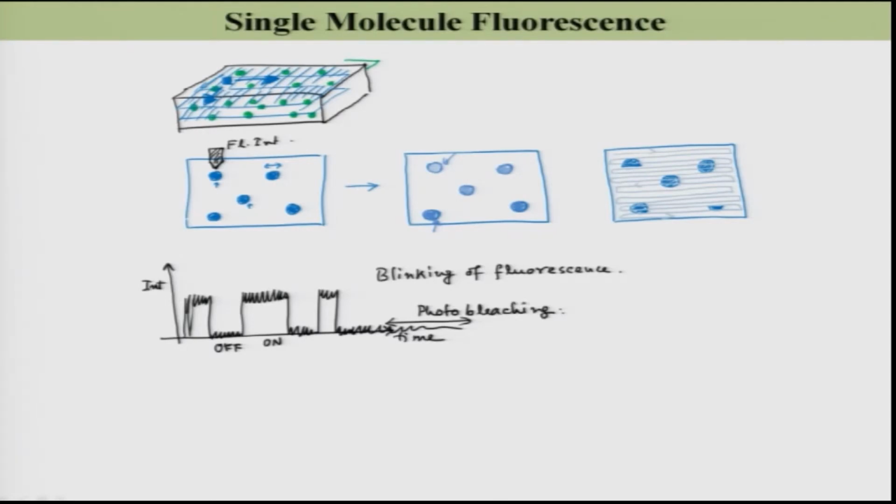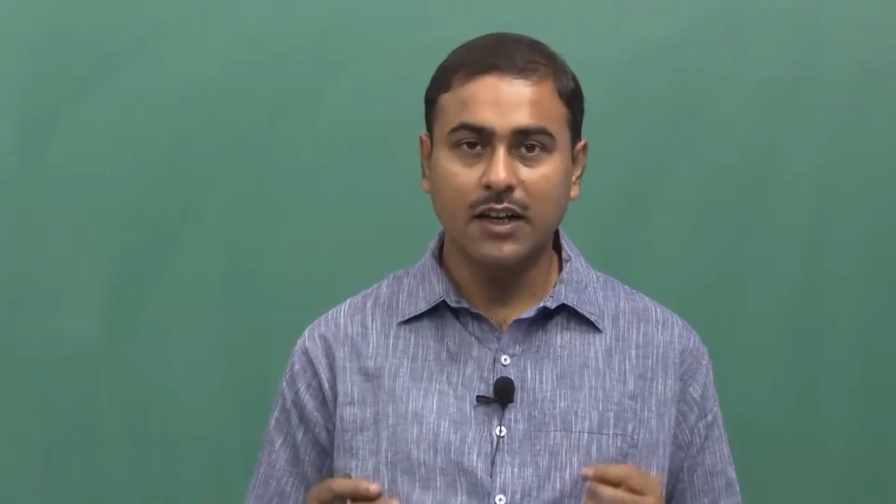Okay, so these are the typical behavior of molecular fluorescence, but for single molecule fluorescence, if you just sit on a particular molecule and keep on monitoring until this molecule is photobleached, then you can get several pieces of information about this molecule.